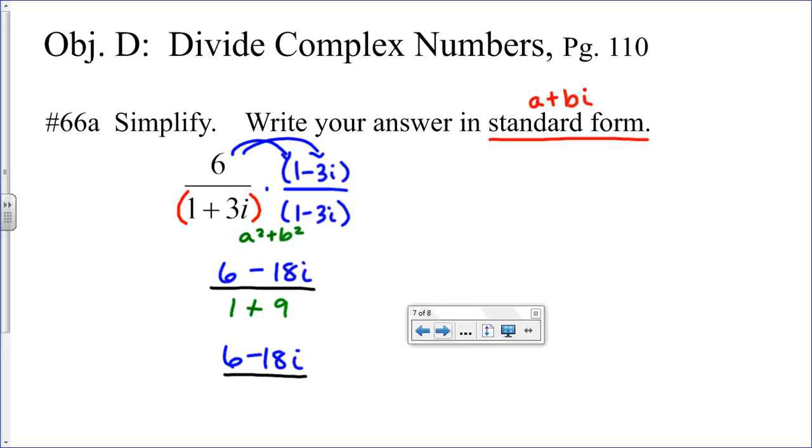And on the bottom you have 10. Now you can separate, so it's in a plus bi form.